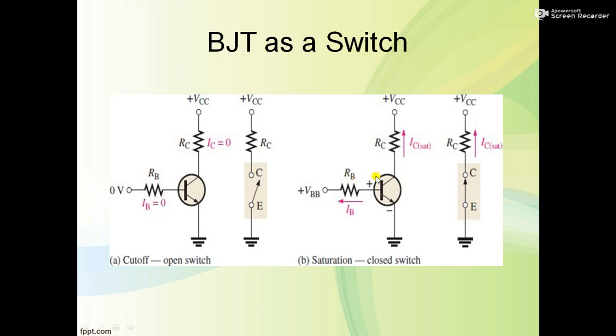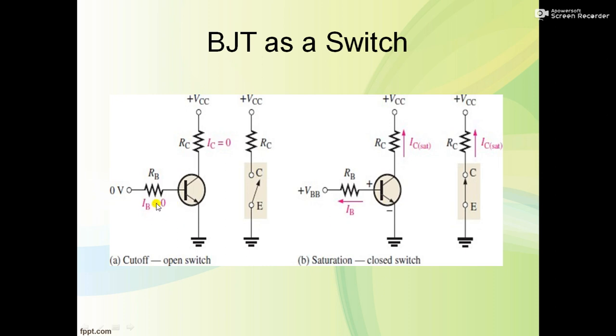Next, come to the saturation region. Here it acts as a closed switch. See here, now we are applying some amount of supply voltage, plus VBB. This plus VBB is used to make the EB junction forward biased.